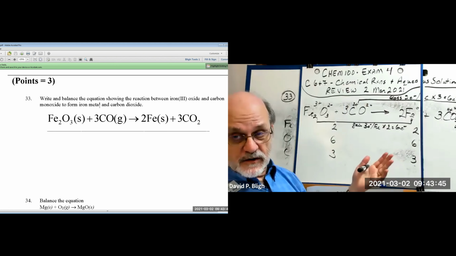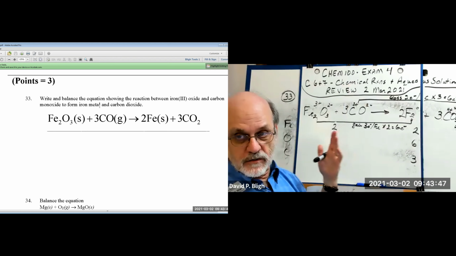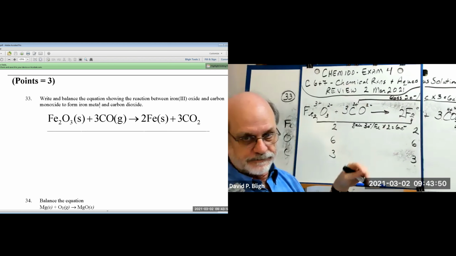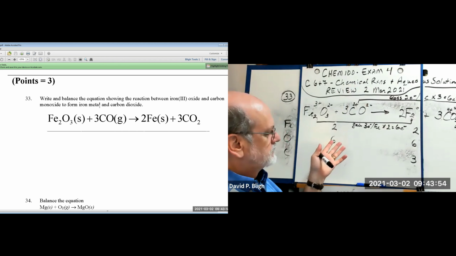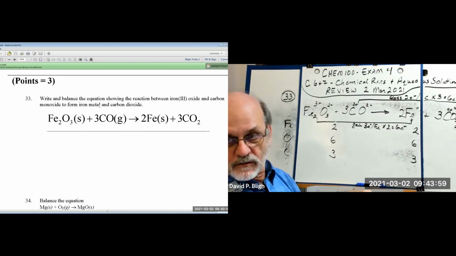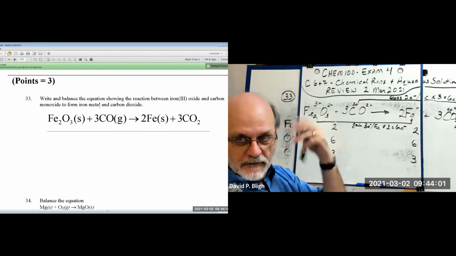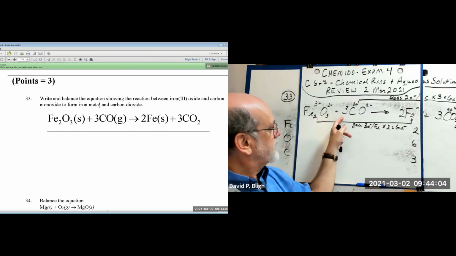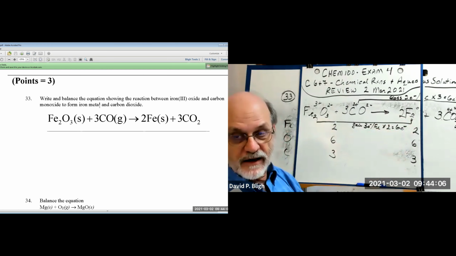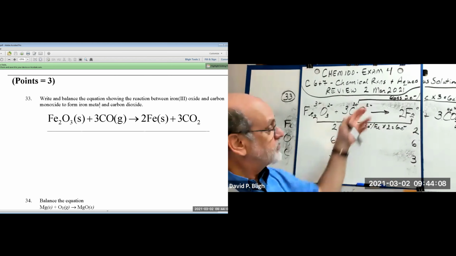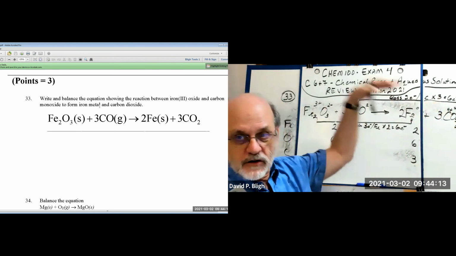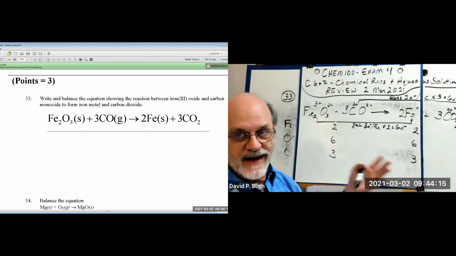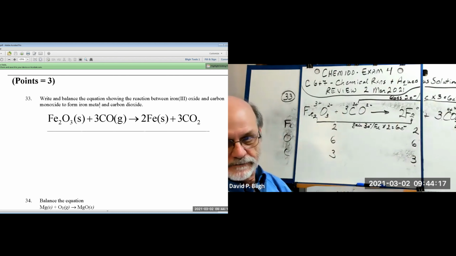And that's really the easiest way to do it, is to balance the electrons first. We probably could eventually have gotten there, but it would have taken some real gyrations and mental trickery to get these coefficients to give us the balance that we want. Without doing electrons, we probably would have ended up with really large numbers up here, and then you'd have to reduce them, divide by a factor to get to that point.